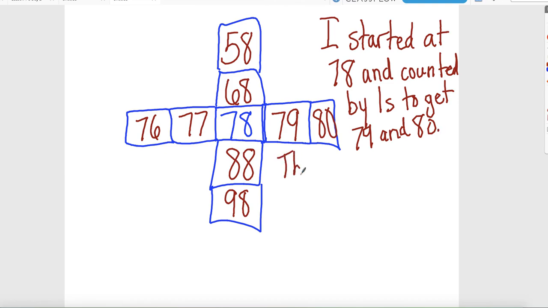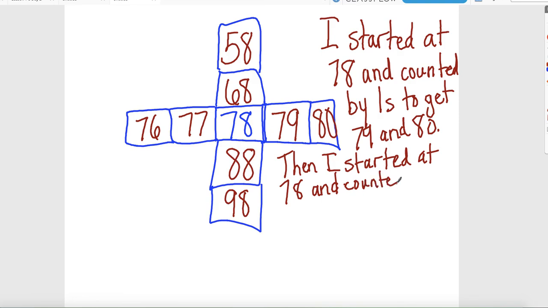Then I started at 78 and counted back by ones to get 77 and 76. It's a lot of writing, isn't it?